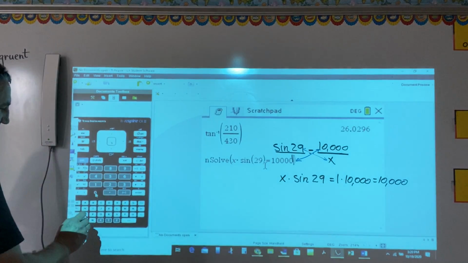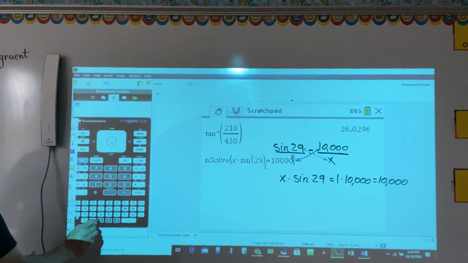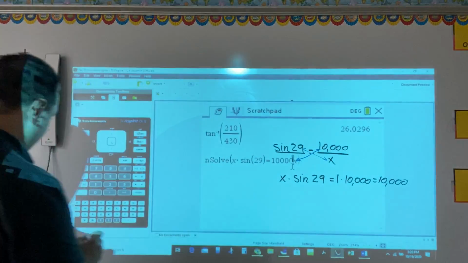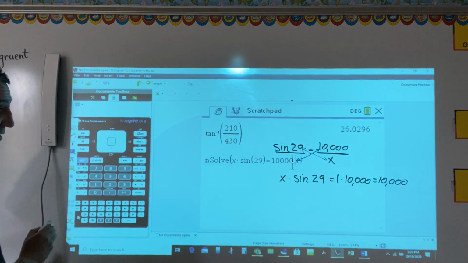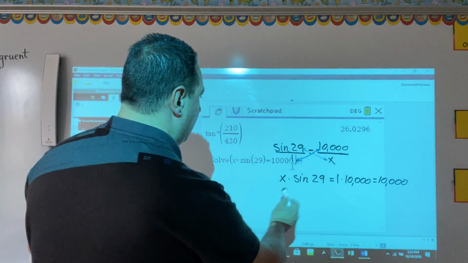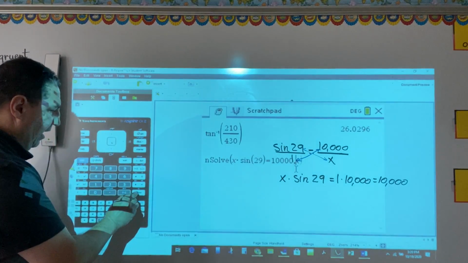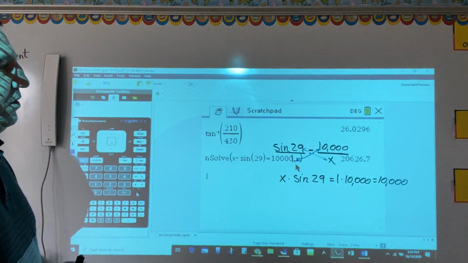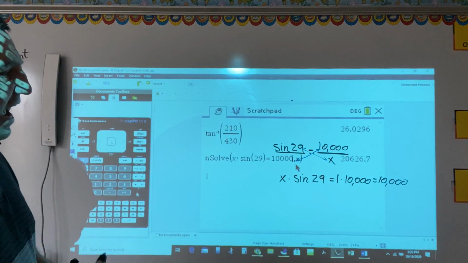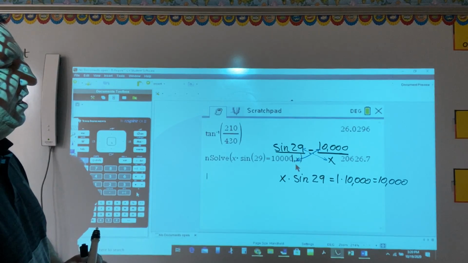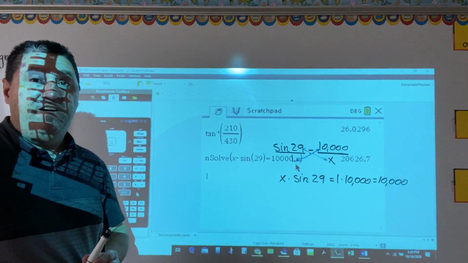And then comma x. Good, and then we hit enter. So the value of x would be 20,626.7 feet.